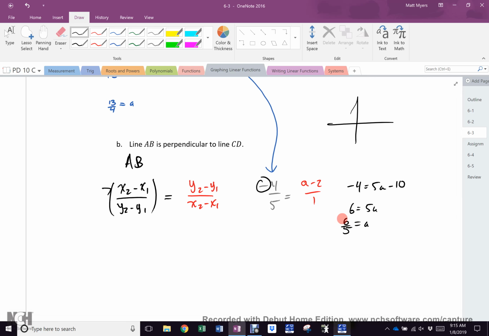So it's okay to have fractions as these answers. Everybody good? Great. Now go practice as much or as little as you see fit about slope. Remember, we are having our functions test on Thursday.